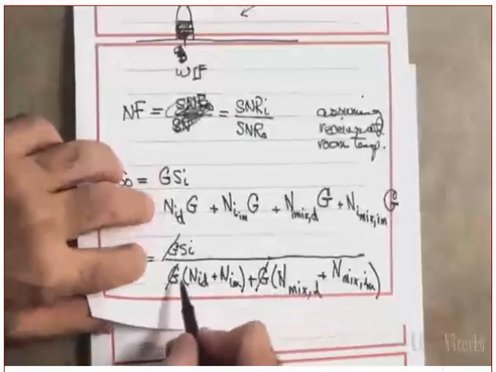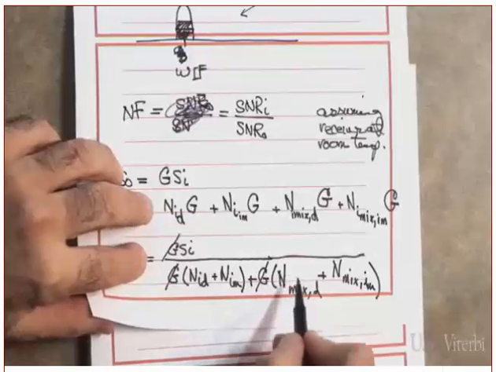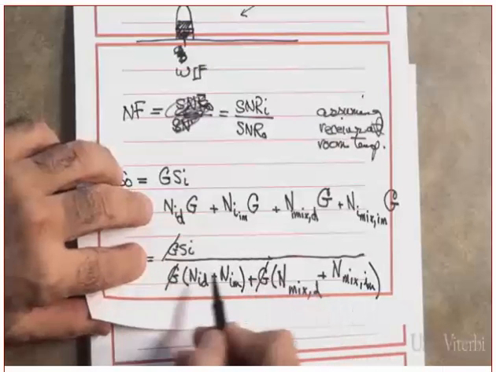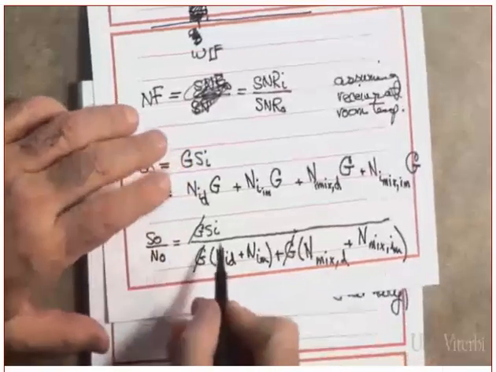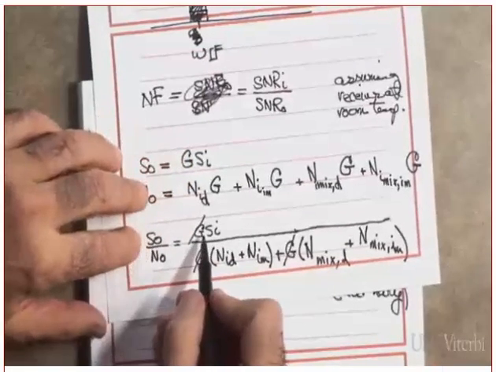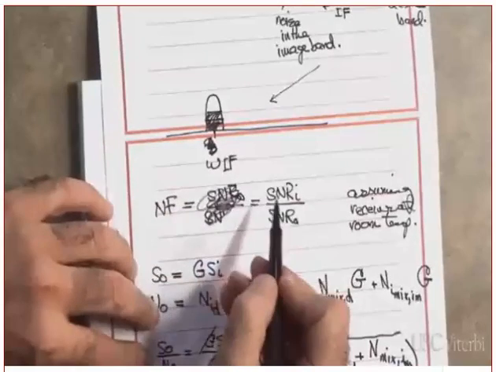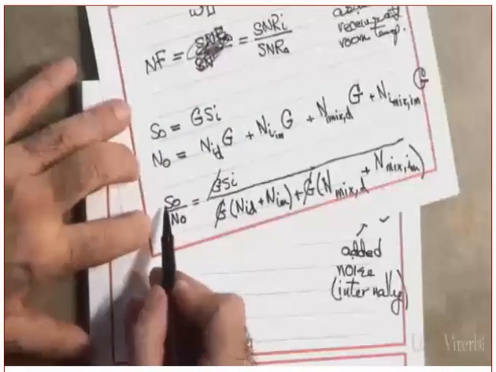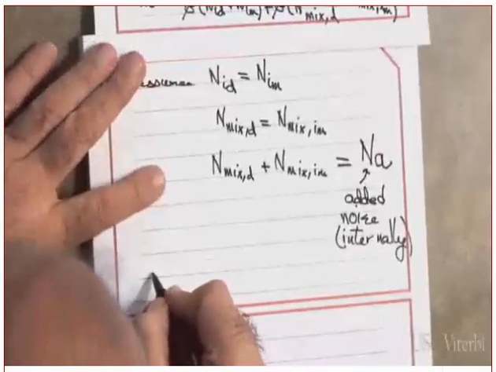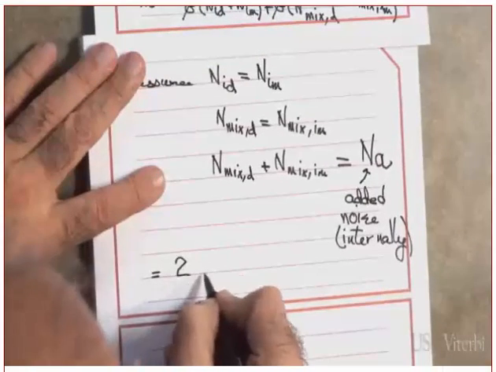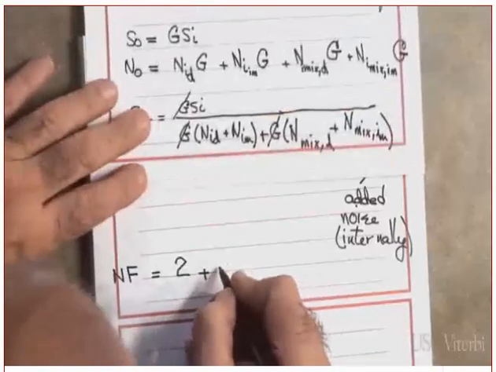What do I have here? 2N, and this one is 2N_A. Every term has 2N_A. The signal S0 is equal to G S_I. So the noise figure, SN_I over SN_O, which means what? Bring this one here, this one here. What do you get? This is the noise figure.